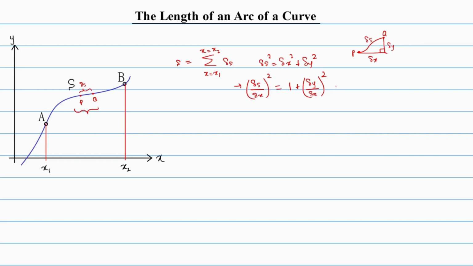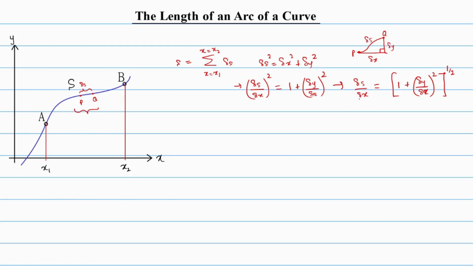That gives us delta S over delta X equals 1 plus (delta Y over delta X) whole thing squared, the entire thing raised to the power half, which is the same thing as taking the square root.